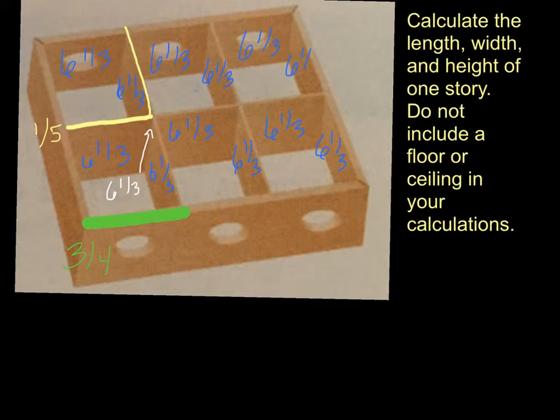And that's going to be the same for each compartment. I also labeled the edges, which we knew on the outside walls, the edges were 3/4 inches thick. And we knew on the inside, we could tell that those were thinner. They were only 1/6 of an inch thick on the inside wall. So all that has been labeled.